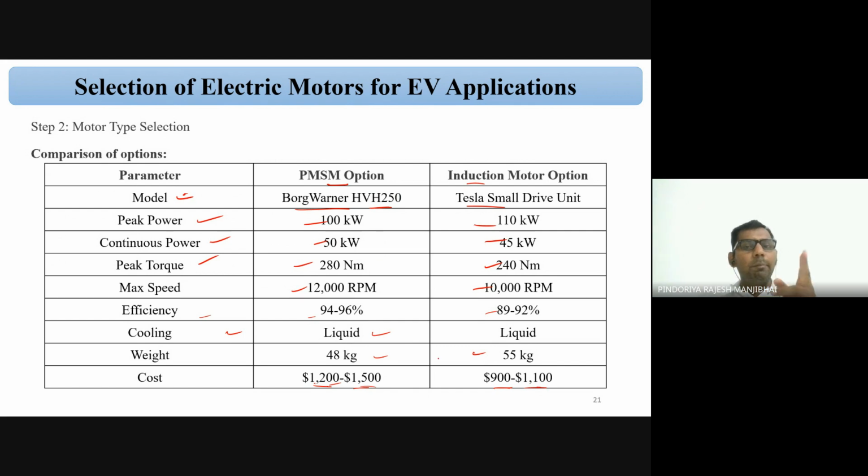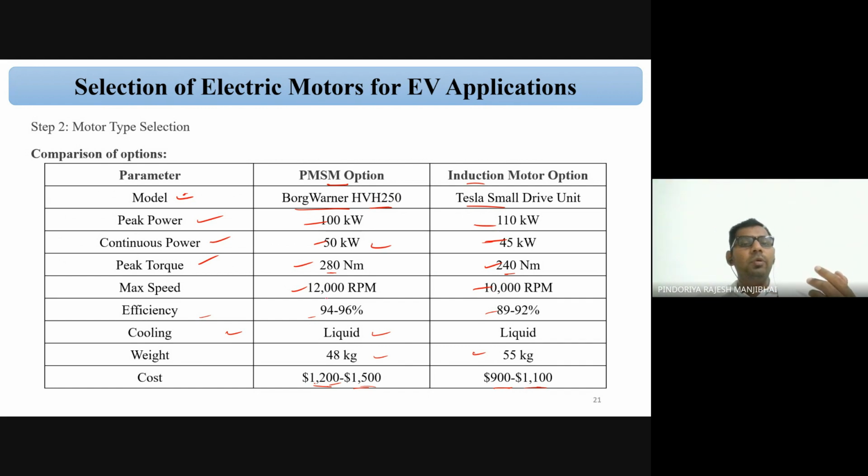But compared to that, you can see the continuous power rating: we will get 50 kilowatts in the case of the PMSM, but in the case of the induction motor, there is 45. Peak torque here you will get 280 Newton meter, but here you will get 240 Newton meter.